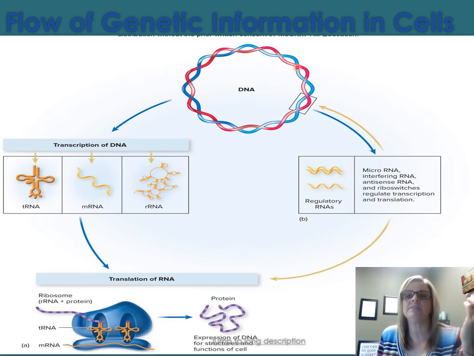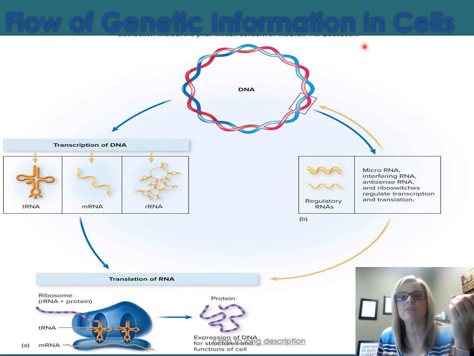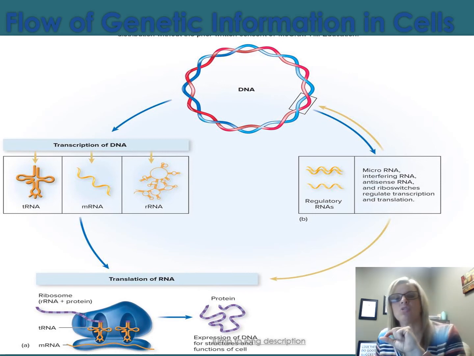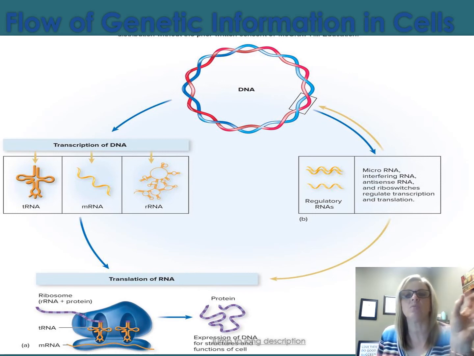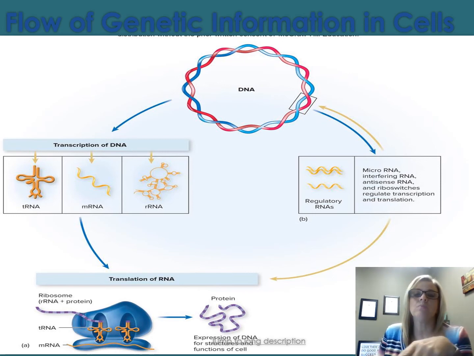DNA has got to be deciphered into a usable language. So it does this by transcribing its code into that RNA molecule, the messenger RNA. And then that's going to be translated into protein. On the right here, you can see we have some regulatory RNAs.